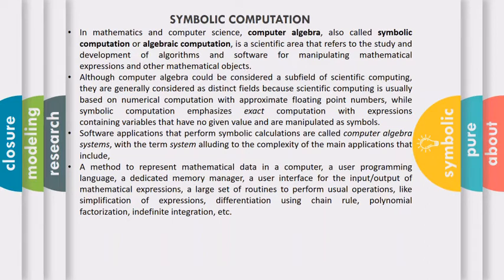So all those things, like symbolic computation, included in computer algebra, show how mathematics and computer science are related to each other. The software applications that perform symbolic calculations are called computer algebra systems, with the term system alluding to the complexity of the main applications that include a method to represent mathematical data in a computer, a user programming language, a dedicated memory manager, a user interface for input output of mathematical expressions, a large set of routines to perform usual operations like simplification of expressions, differentiation using chain rule, polynomials.